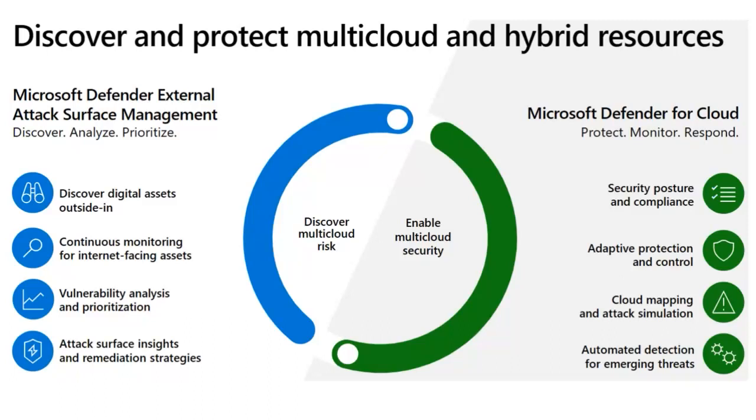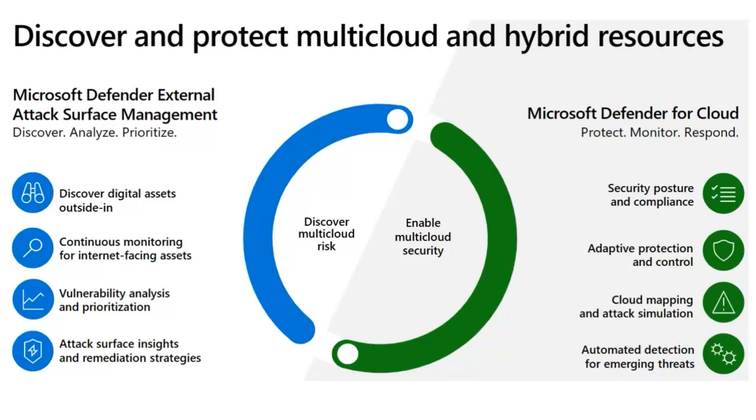You get complete visibility into internet exposed assets, and it helps cloud security teams to see unknown and unmanaged resources outside the firewall. You can use Defender for Cloud's new integration with the EASM tool to improve your organization's security posture and reduce any potential risk of being attacked.